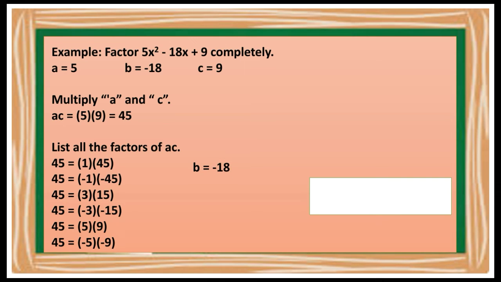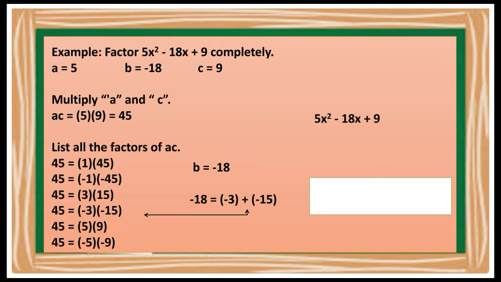Now note that the value of b is negative 18. Which of these factors will give you the sum of negative 18 when added? Here you go, this could be achieved by adding the factors negative 3 and negative 15. That's correct.